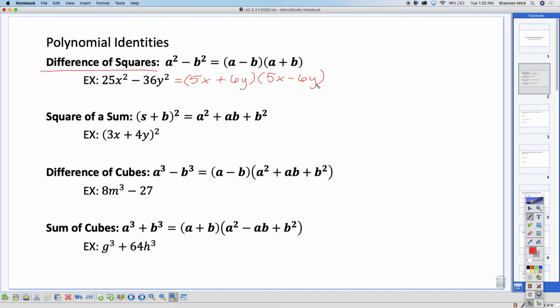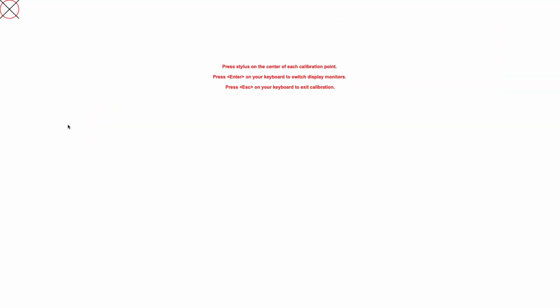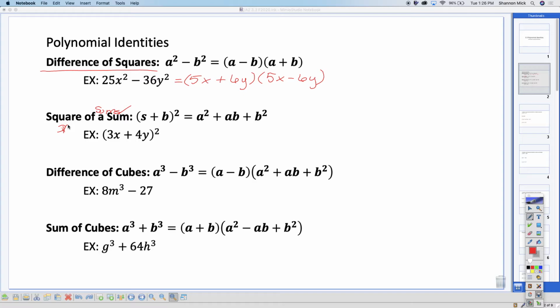And I'm going to change this to sums / differences.